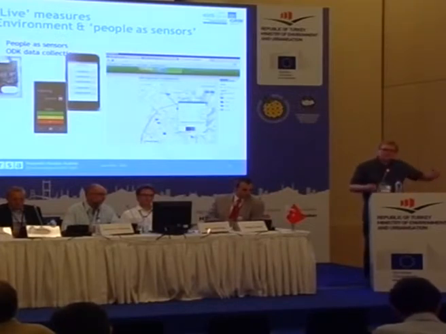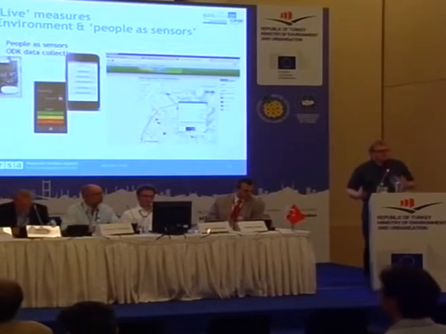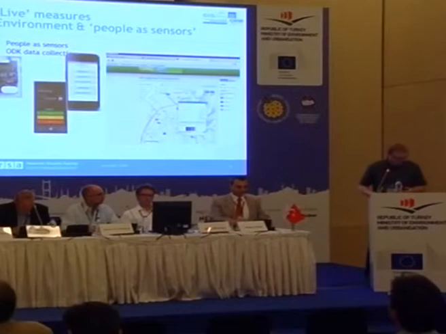And if you remember the introductory plenary session today, we need the people out there to mark where there's some waste on the street, so that it would be put away. So bring in people as sensors. Try to bring that information in. Use it in your organizations.